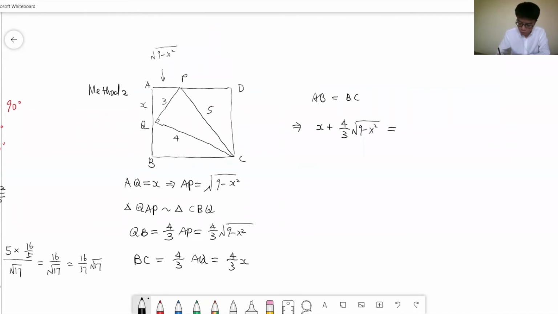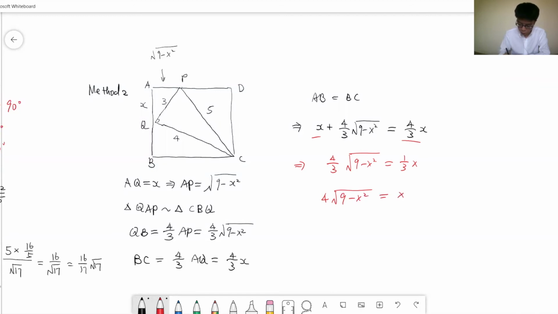So BC is 4 over 3x. And then we can combine these two x, and we get that 4 over 3, 9 minus x squared equals 1/3 x. And this is basically 4, 9 minus x squared equals x.